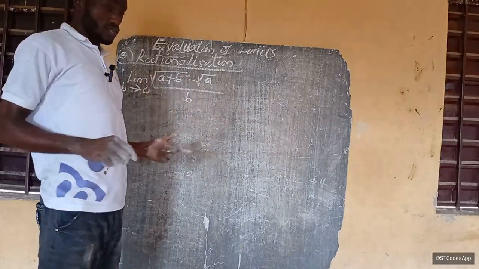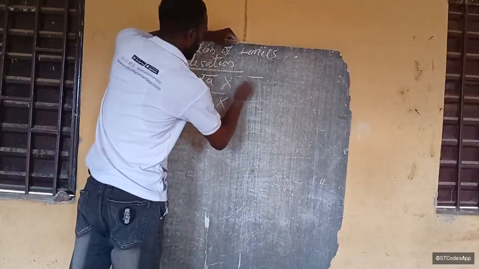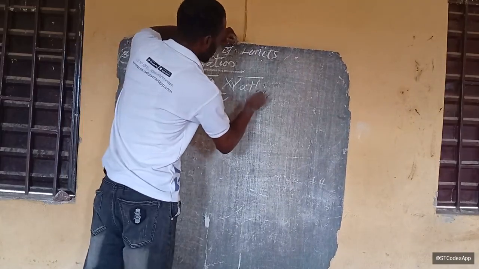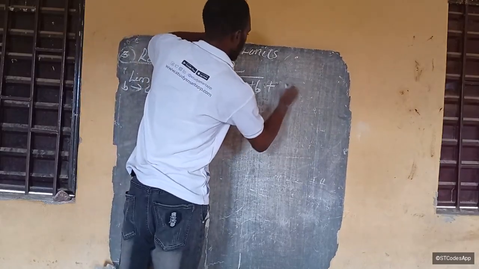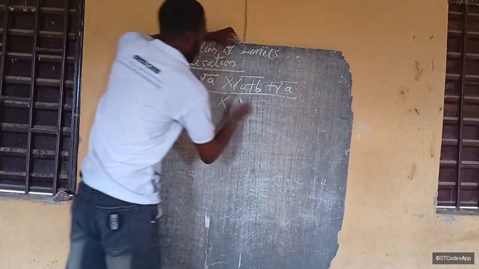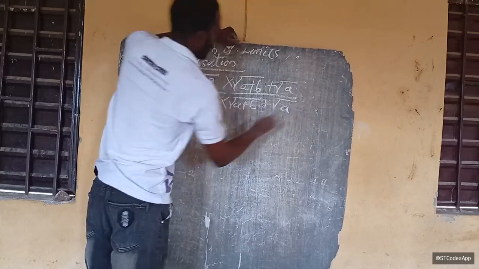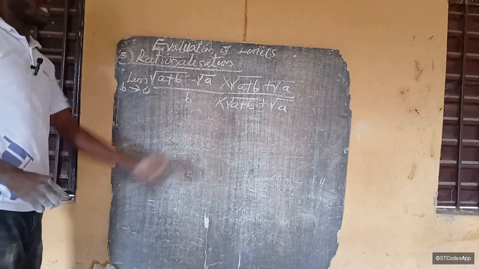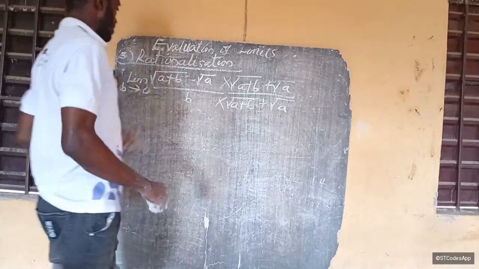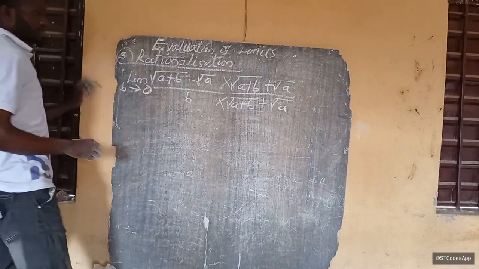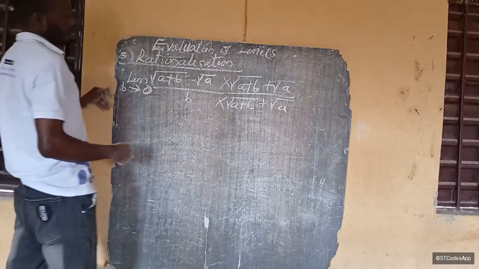What that means is we multiply up and down by the square root of a plus b plus the square root of a. Now remember that we are taking limits as b tends towards 0.